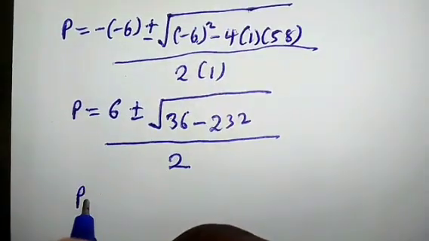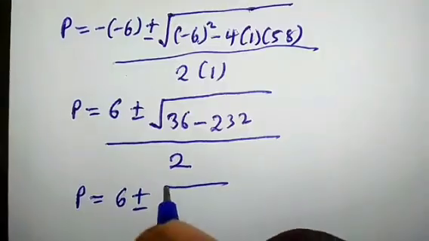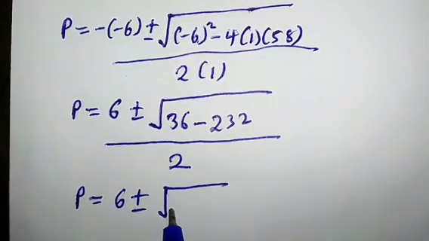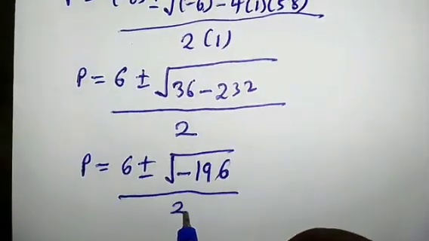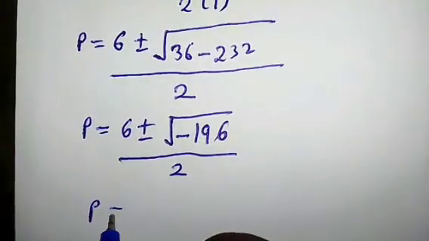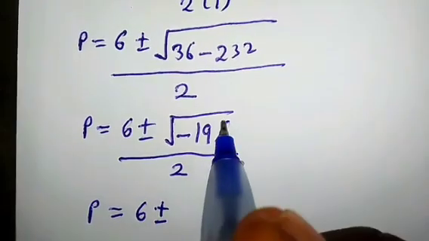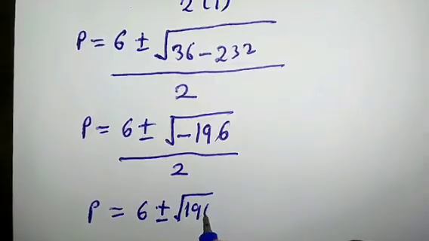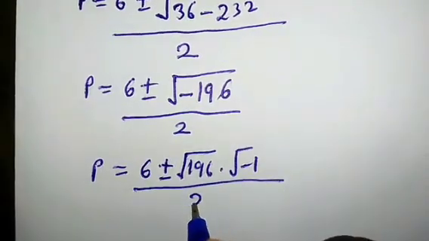So we have p equal to 6 plus or minus the square root of 36 minus 232, that is negative 196, divided by 2. We can rewrite this as the square root of 196 times the square root of negative 1, divided by 2.